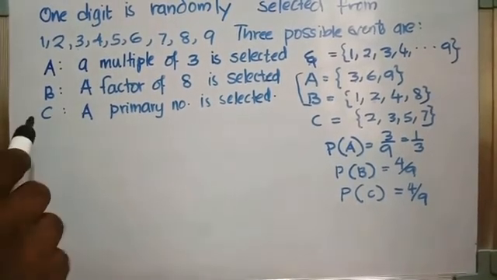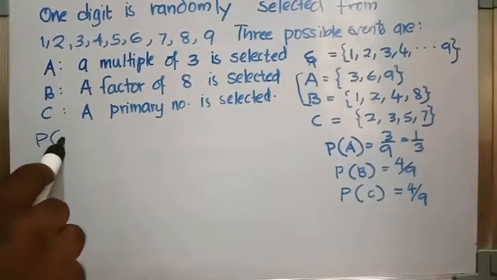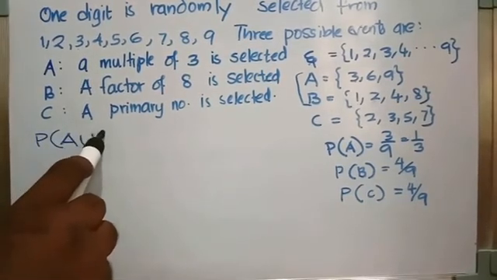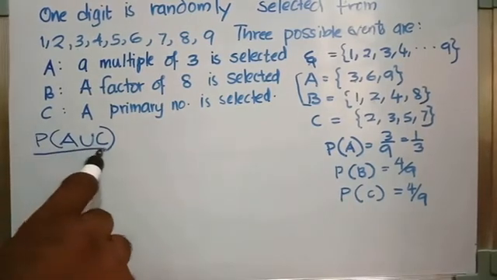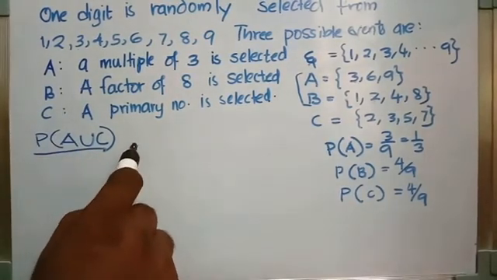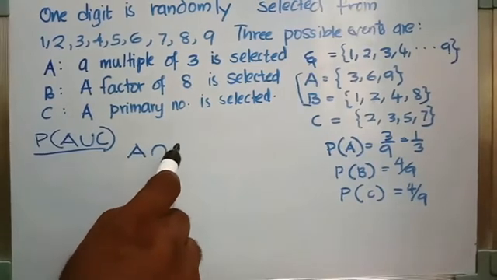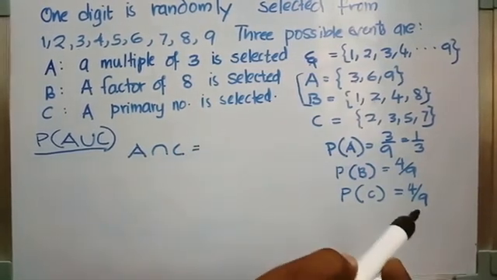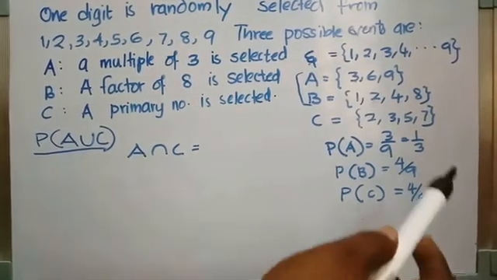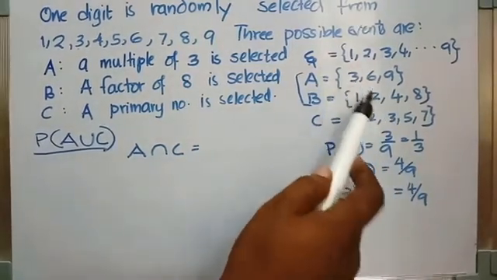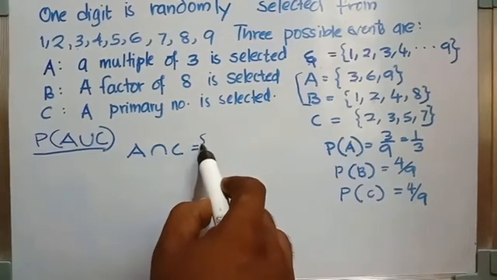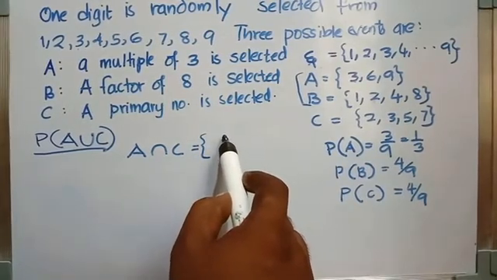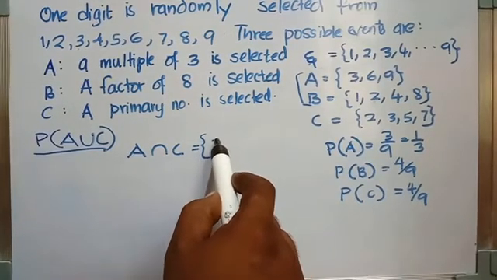If you want to find probability of A union C, we need to check A intersection C. Do you have anything common? Yes, what is A intersection C? Set 3.